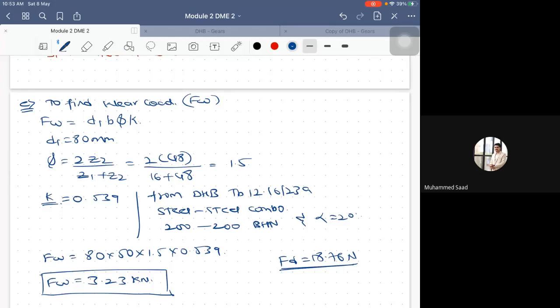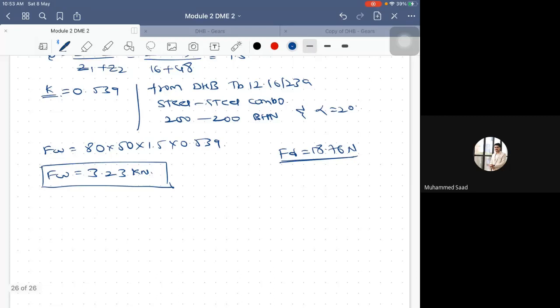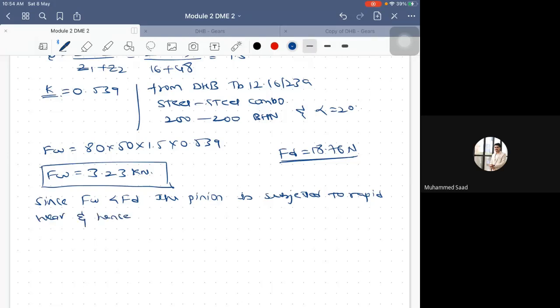In such situations, what you have to do, you can just write a sentence: since FW is lesser than FD, the pinion is subjected to rapid wear and hence has to be surface hardened to higher BHN.